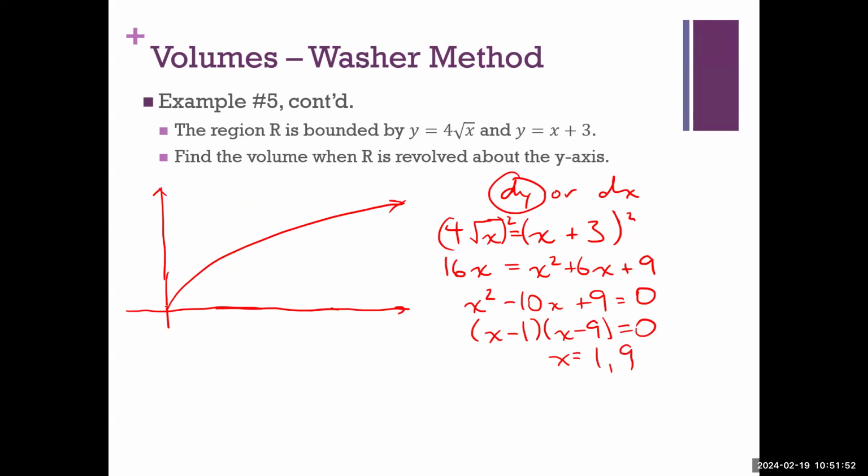One and 9? Am I just making this thing? Oh yeah, I'm exaggerating. Taller. I'm having a really hard time visualizing this.